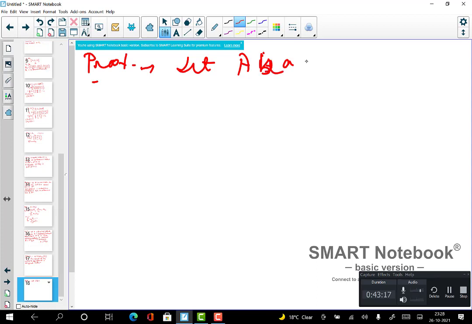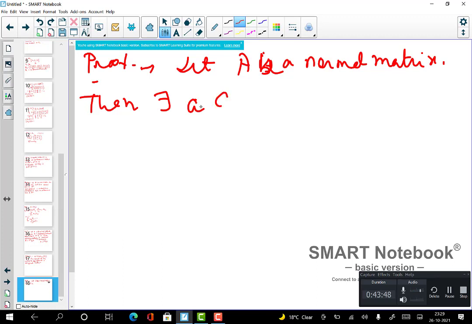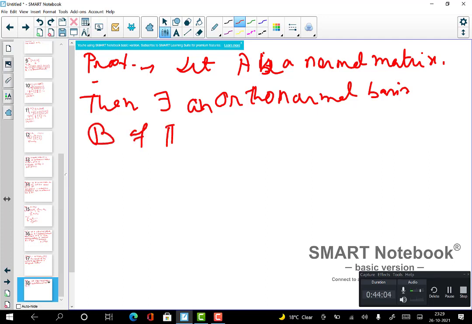So for this proof, let me just assume first that A is a normal matrix. Now the moment you have a normal matrix, you know, and we already proved this many times, that there exists an orthonormal basis B of Fn.